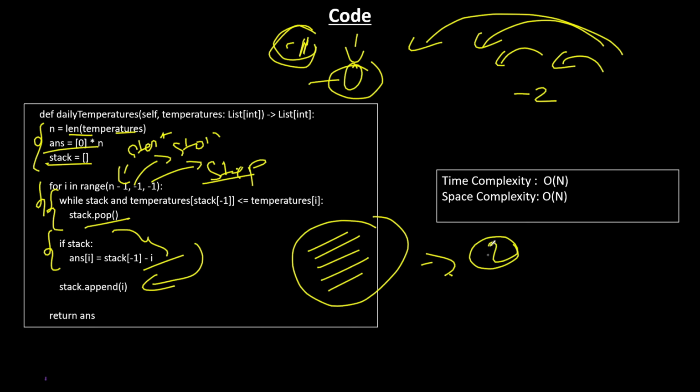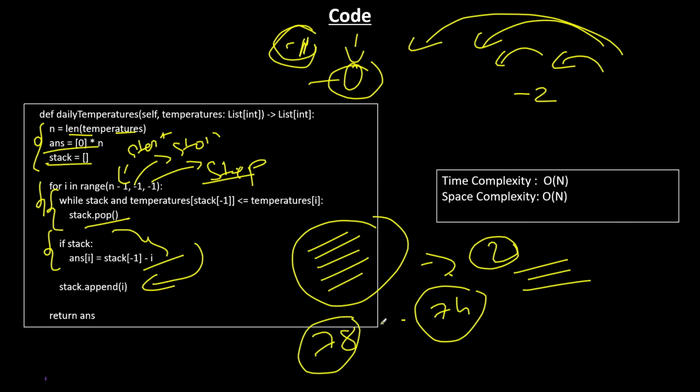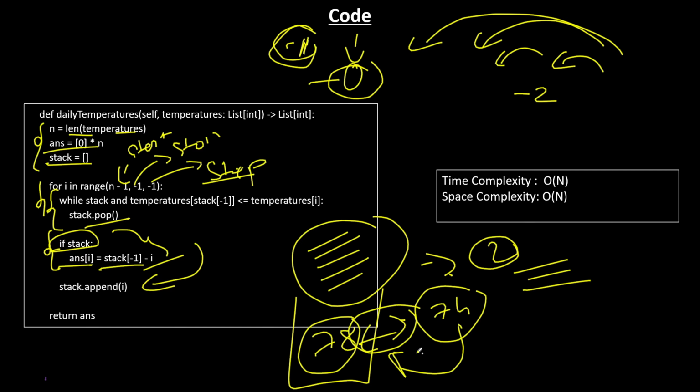And the second scenario: suppose you were having 74 and keep on pushing, and you got 78 after popping out a particular value four times, and you still have one value in the stack. So if the stack is not empty, we check the difference of both of them, store it in the answer, and then later push it into the stack. Okay, and at the end we return the answer.